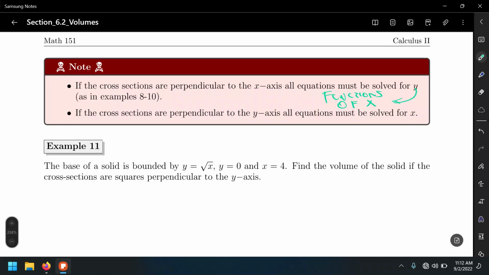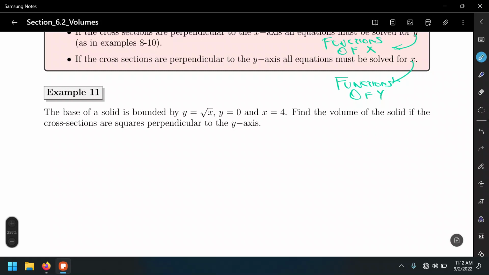However, if they're telling us that the cross sections are now perpendicular to the y-axis, then the equations must be solved for x, which in other words means we need functions of y, which is the example that we're going to do next.